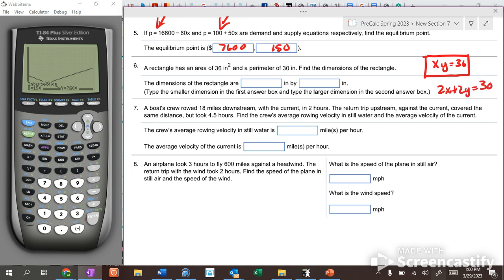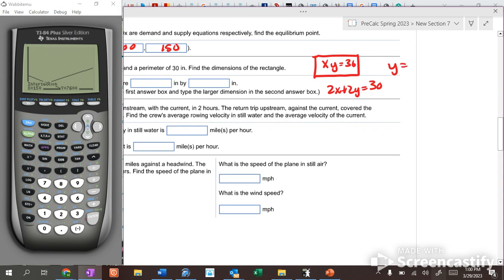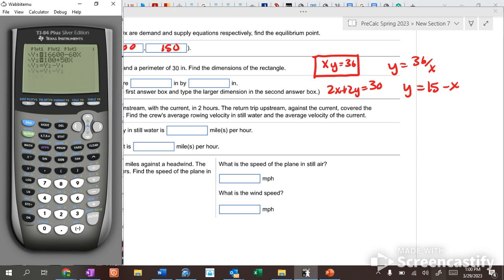So I have to solve both of these for Y. Here, Y equals 36 over X. Here, if we divide everything by 2 and then move the X, Y equals 15 minus X. So I put those in: 15 minus X and 36 over X.